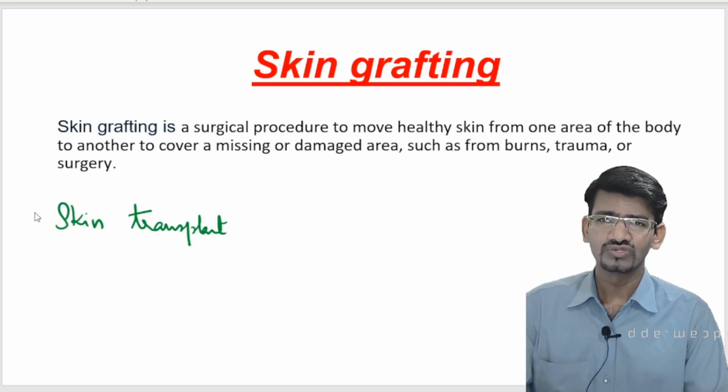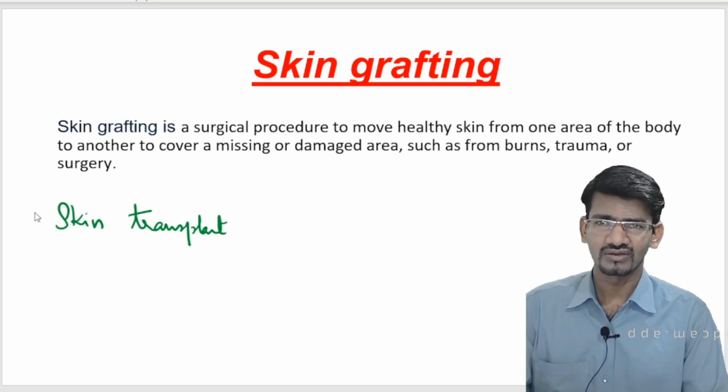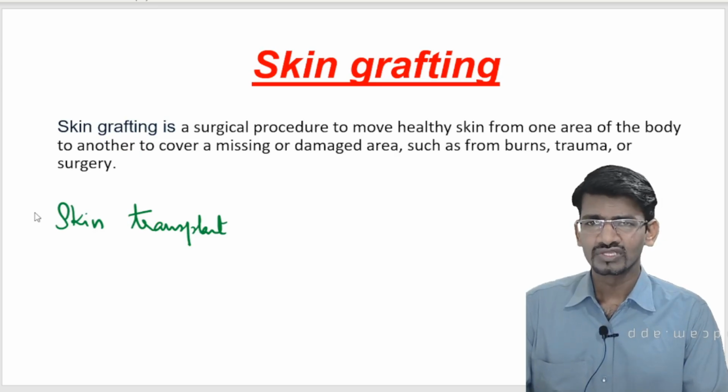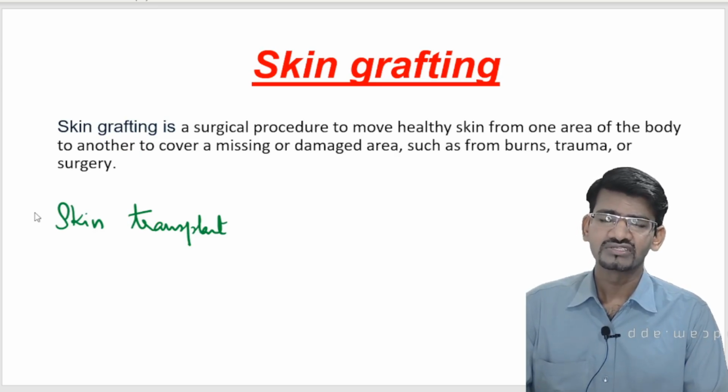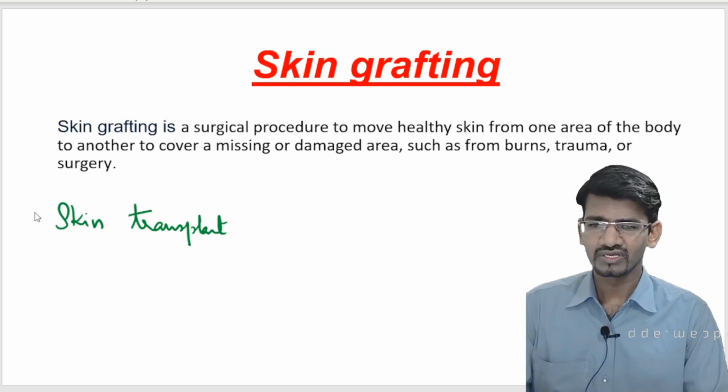In such wounds we take skin from an area, and that will be transported to the other area to close that wound. The skin may be taken from the patient itself, or from another person, or even from an animal source as well.